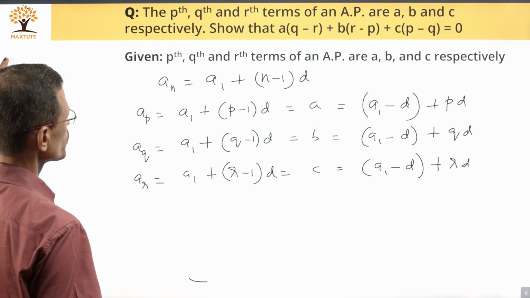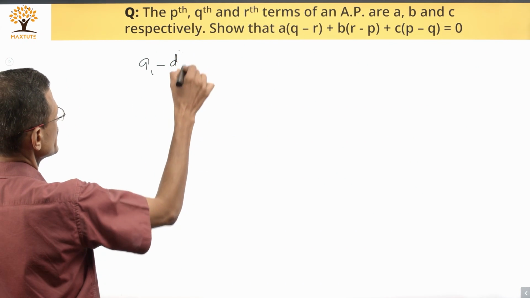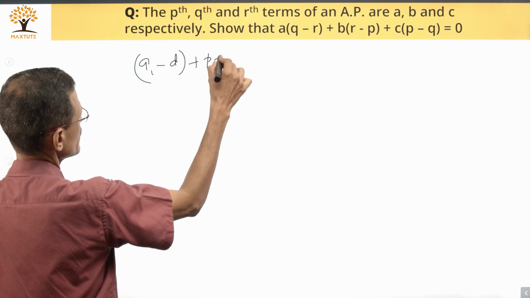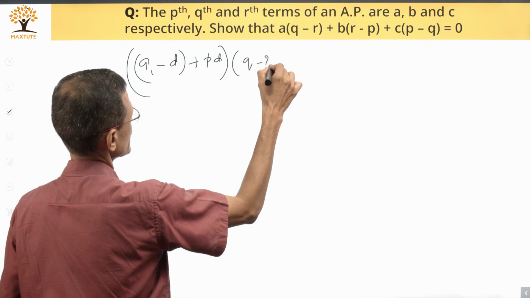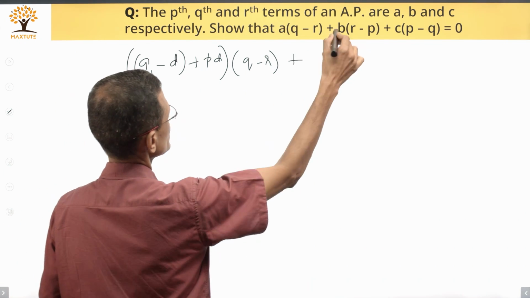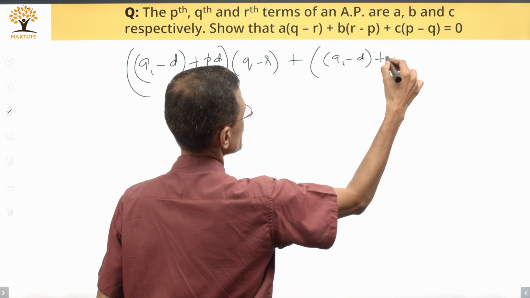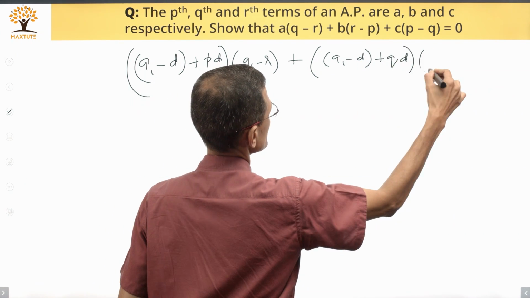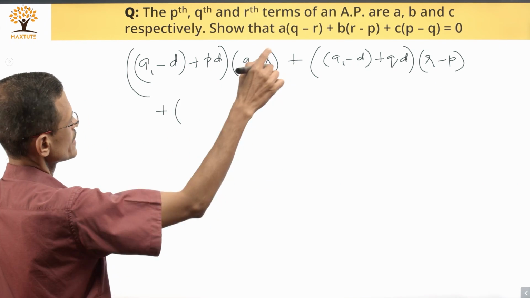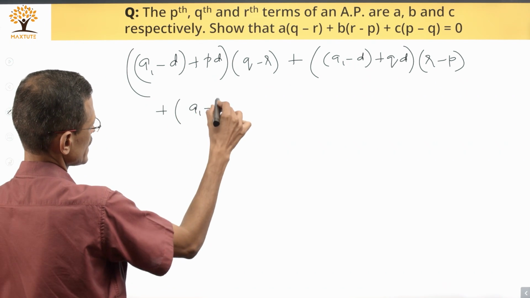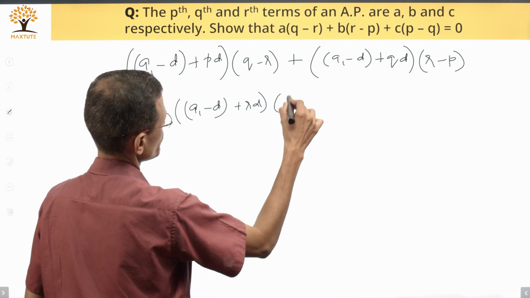So, a into (q minus r) is basically going to be (a1 minus d plus pd), this is the value of a, times (q minus r), plus the value of b, which is (a1 minus d plus qd), times (r minus p), and the third term is basically c, which is (a1 minus d plus rd), times (p minus q).